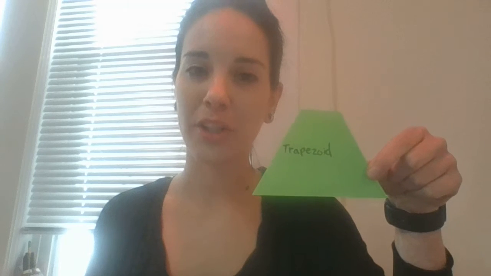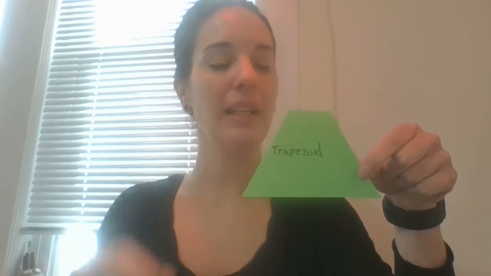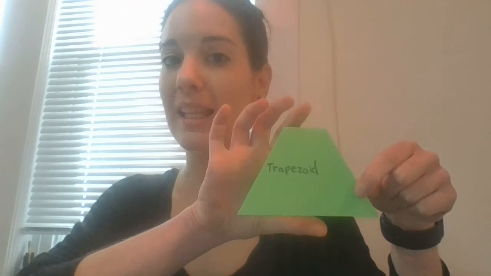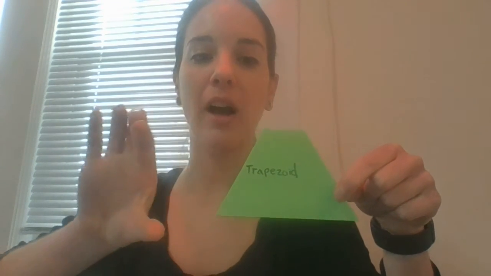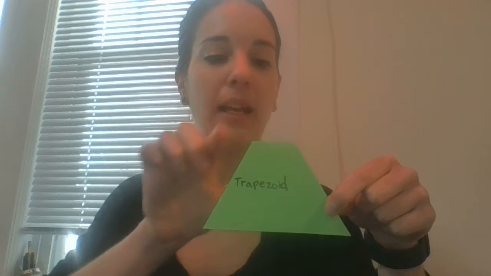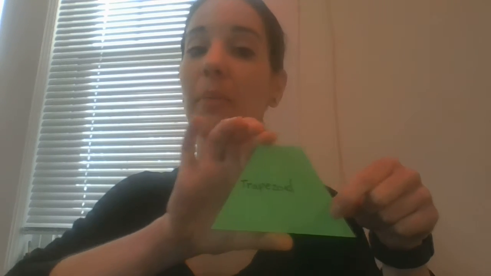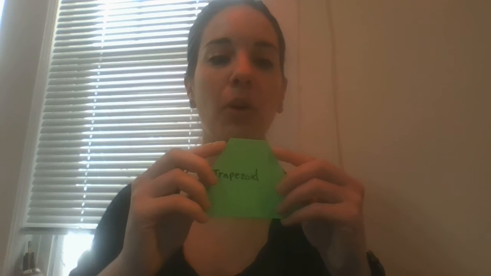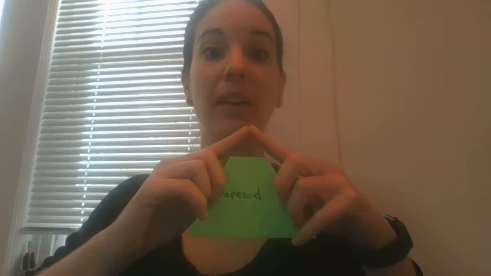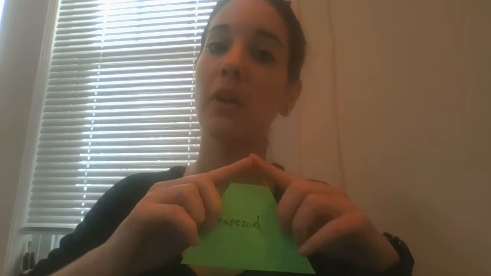But let's take a look at the trapezoid. Do you think this is also a parallelogram? I can tell that the top and bottom sides, these opposite sides, are parallel. They would never cross. It's okay if they're not the same length, but these two sides are parallel and would never cross. But these sides here, I bet if I pushed forward, my fingers would meet, which means the lines would cross.